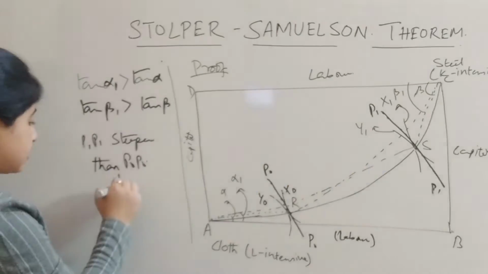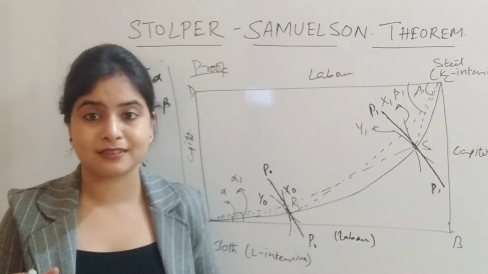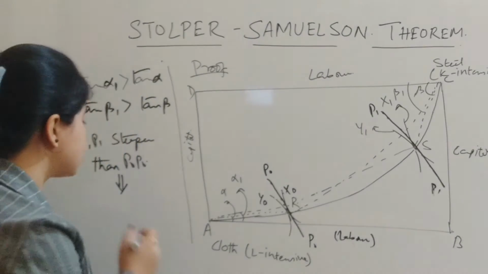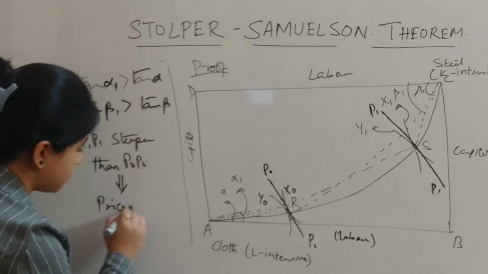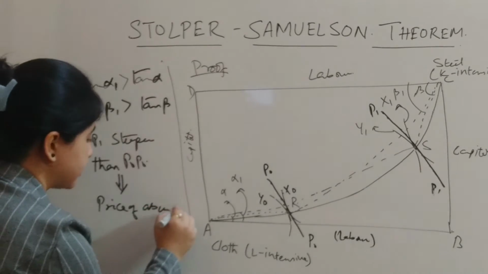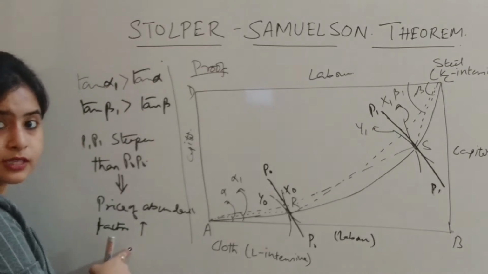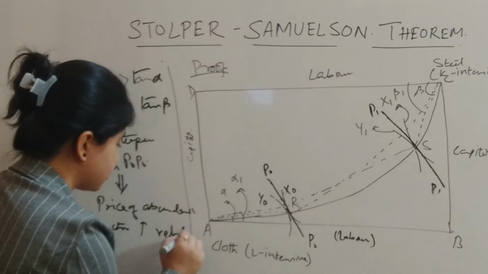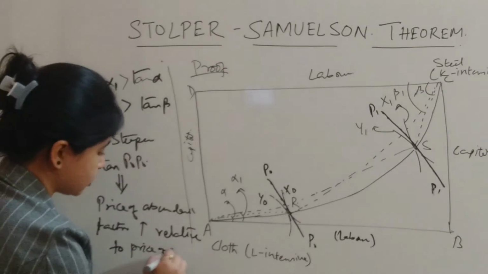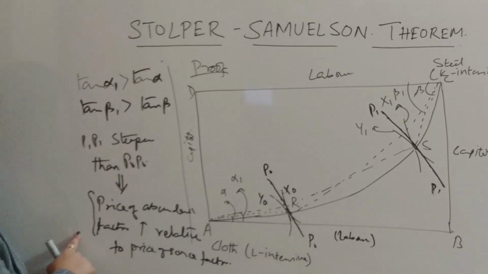That the price of the labor, that is the abundant factor, is going up relative to the price of the scarce factor. So the price of the abundant factor goes up relative to the price of the scarce factor.